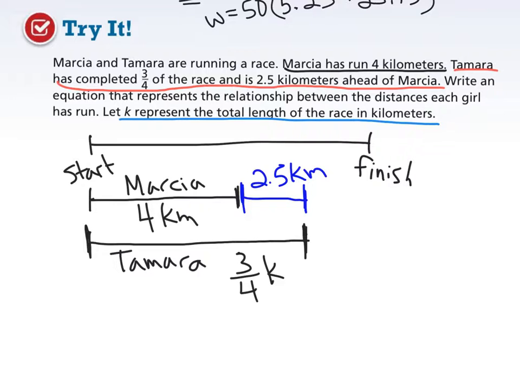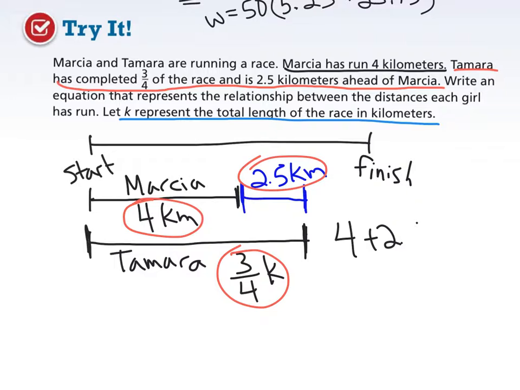If you'll notice on this diagram that we've drawn, we have these two pieces here that add up to the same as the distance that Tamara's gone. So we could say 4 plus 2.5 equals 3/4 K. The km is standing for kilometers on the first part. We don't really need to put that in our equation, just understand that when we get our answer it would be in kilometers.